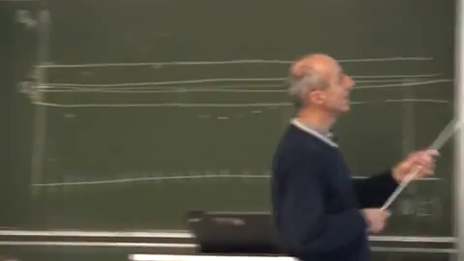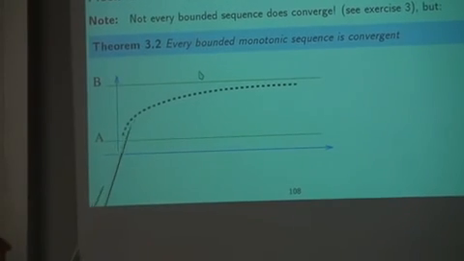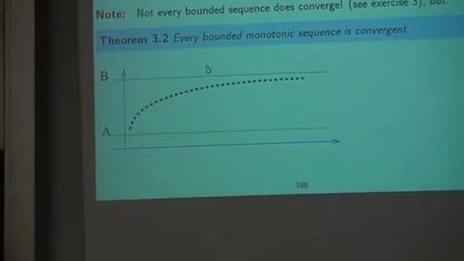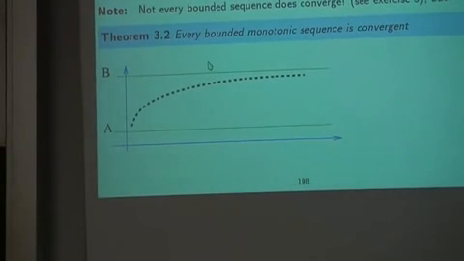Now if the sequence is bounded and it is monotonic, and monotonic means it's either increasing or decreasing, but not both. It cannot switch between.